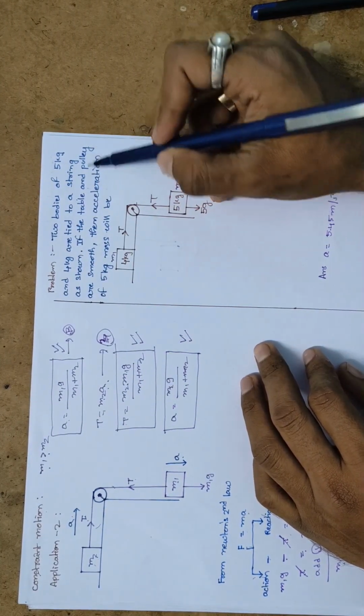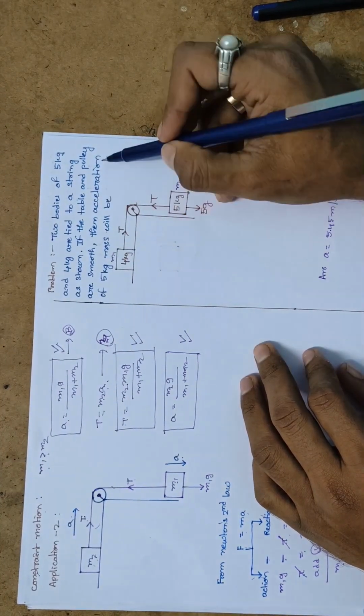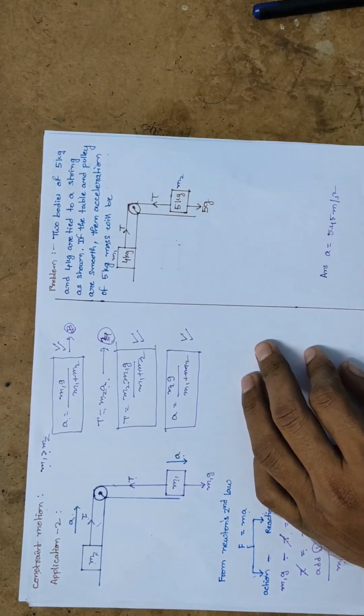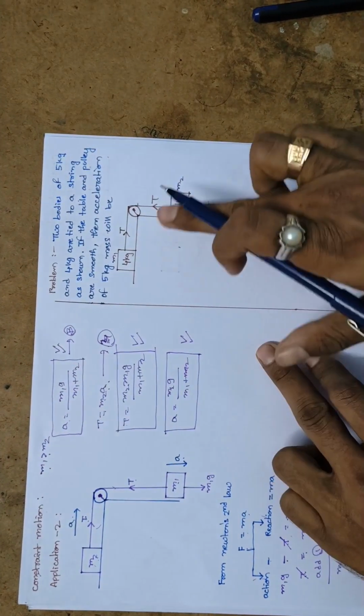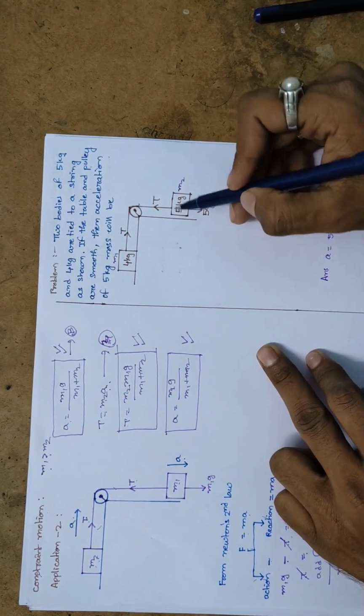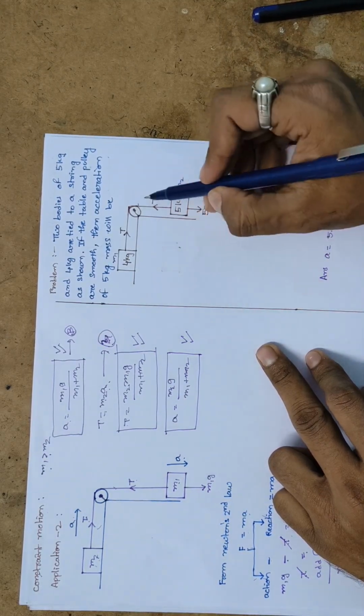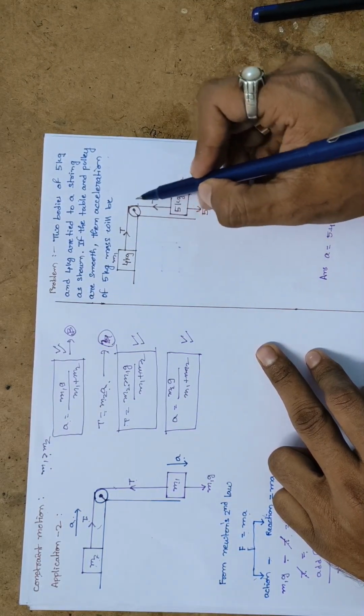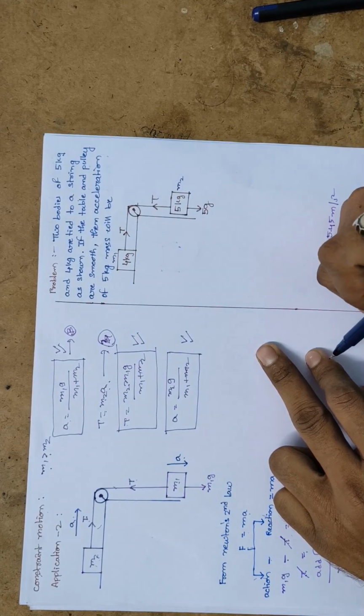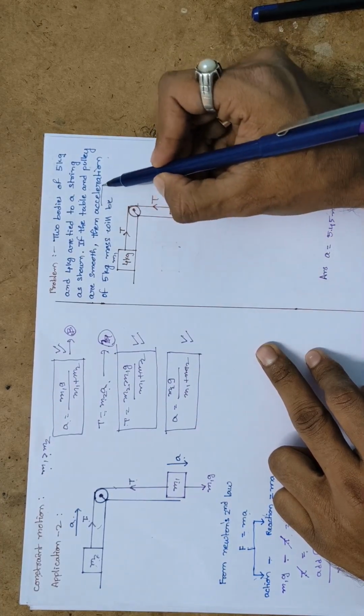If the table and pulleys are smooth, then the acceleration of the 5 kg mass will be dash. Look at the same diagram. The 5 kg mass is located here, the 4 kg mass is located here, with the help of a massless string and rotatable pulley, right?